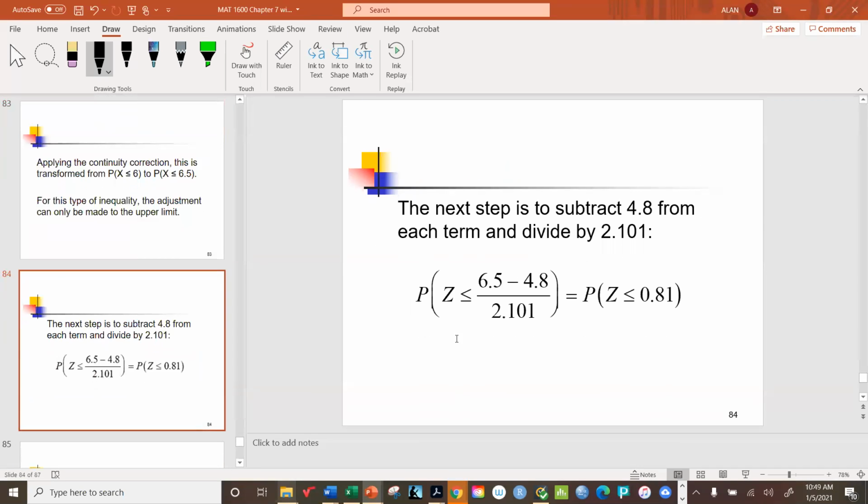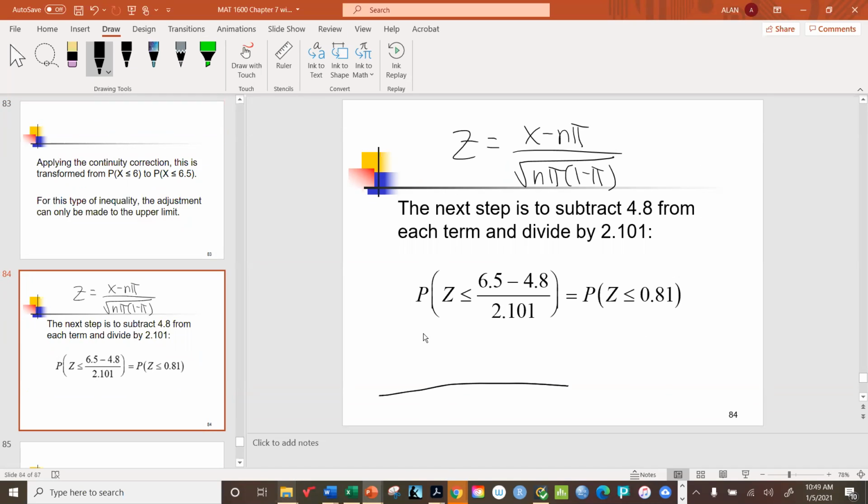So if you're going to use the tables, what you're actually doing is converting. And that will give you 0.81. So in other words, we're technically leaving off the left tail, but it doesn't really matter because this area is so small.